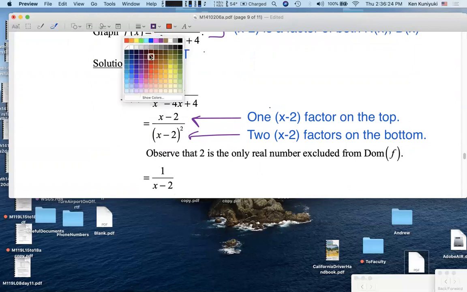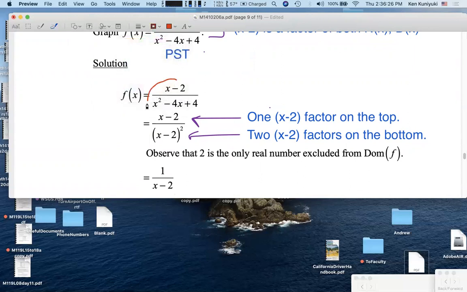So I want to note that algebraically, this expression here is perfectly equivalent to this expression over here. There are no hidden restrictions. There's an evident restriction right here. We know x cannot be 2. This is an evident restriction.